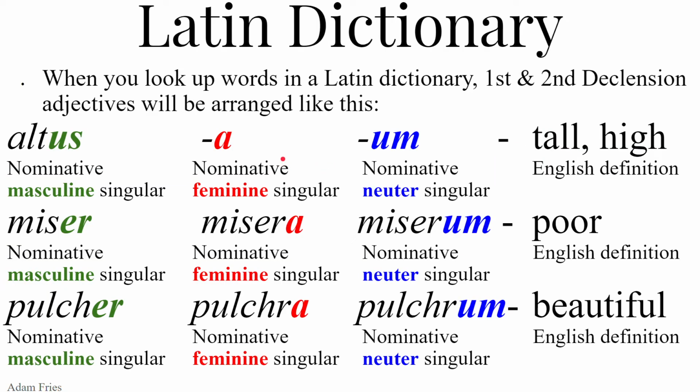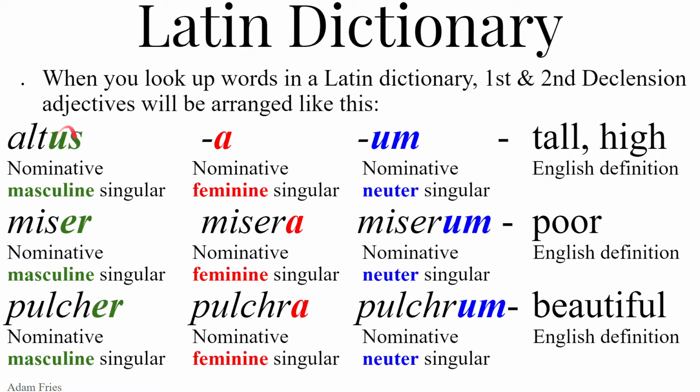However, when you go to Latin, a little bit different. When you look up words in a Latin dictionary and you go look up a first and second declension adjective, they will be arranged like so. So you have altus, tall or high, where the first form, the us form, this is the nominative masculine singular.